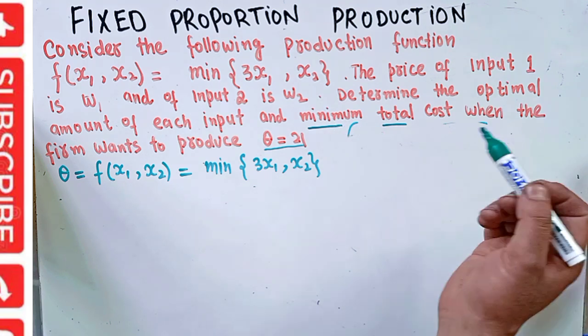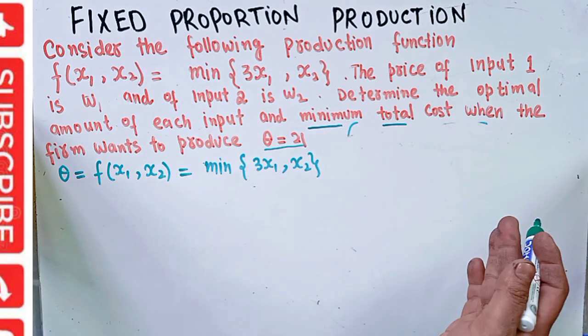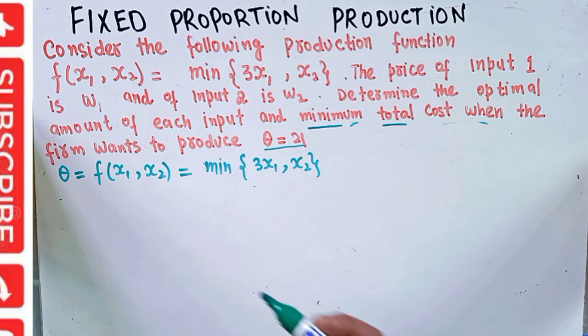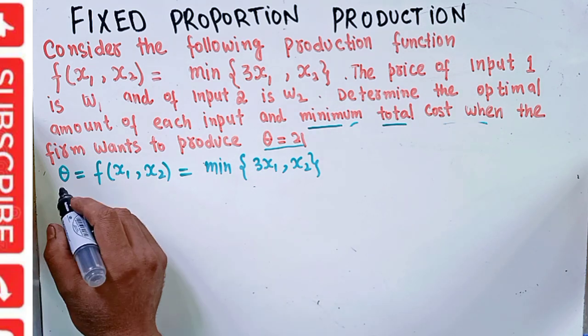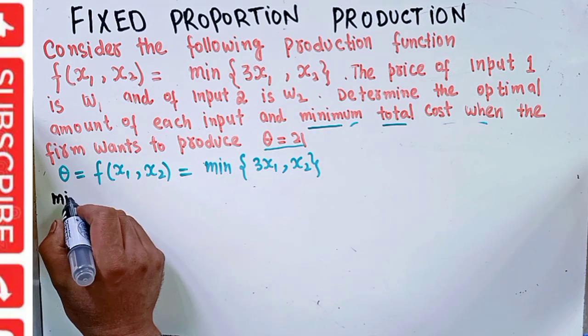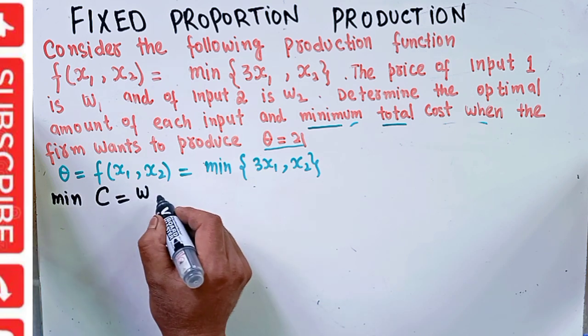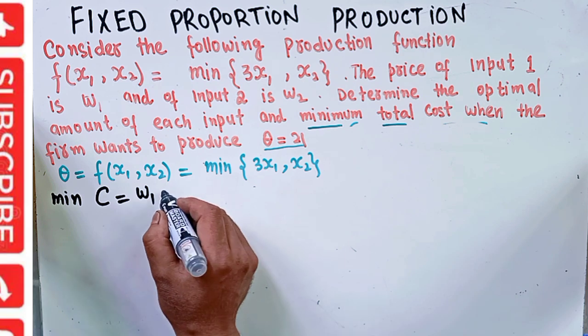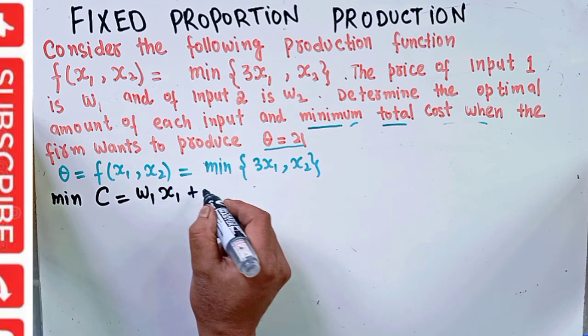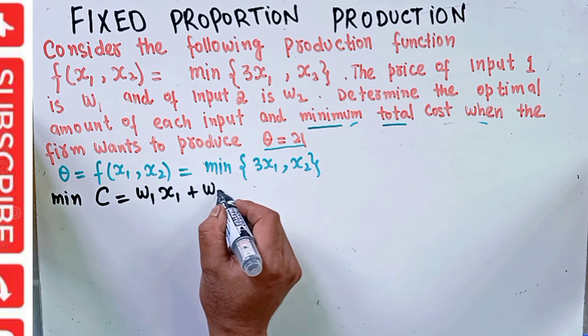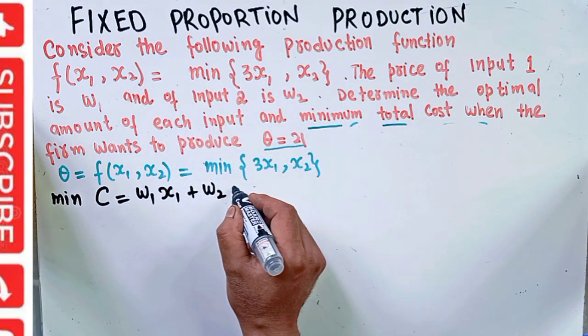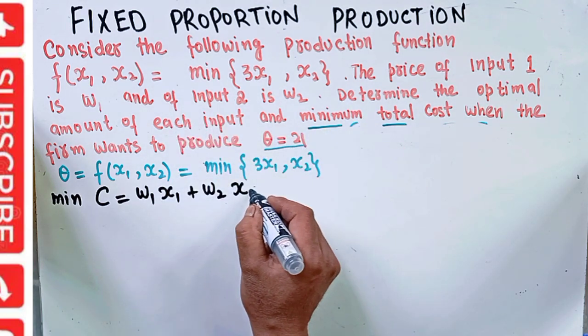Now given this production function, we are also being told to find the minimum total cost, that means this is a cost minimization problem. So our question will look like this. We want to minimize the cost. And what is the cost? That is simply the price of input 1, w1, times units of input 1, plus the price of input 2, w2, times units of input 2.